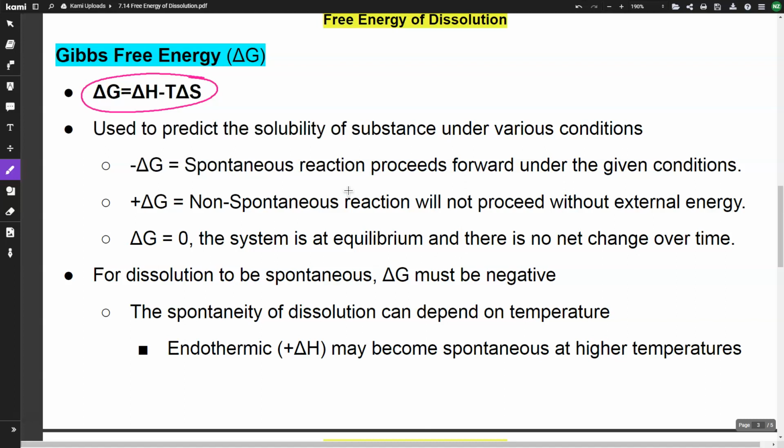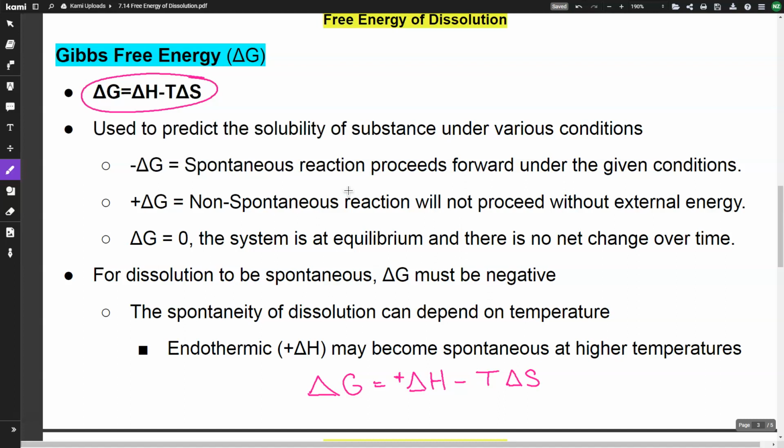Now, the spontaneity of dissolution can depend on temperature. For example, if you have an endothermic reaction, so you're going to have a positive delta H value, it might become spontaneous at higher temperatures. Let me show you what I mean. Here's your equation, delta G equals delta H. Let's assume that this is a positive value. Then we subtract the entropy multiplied by the temperature.